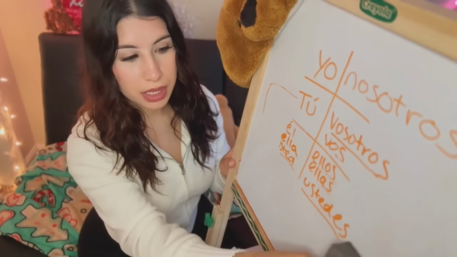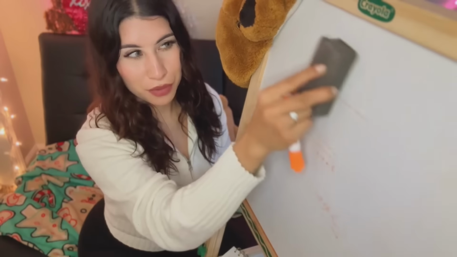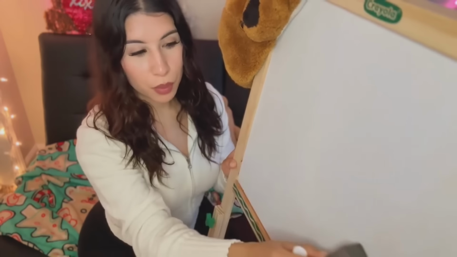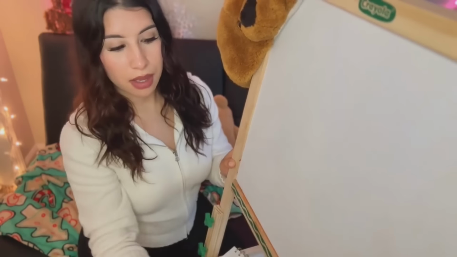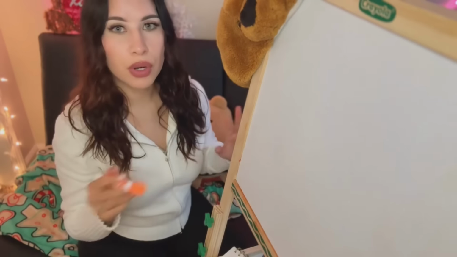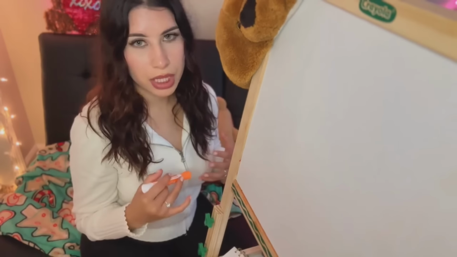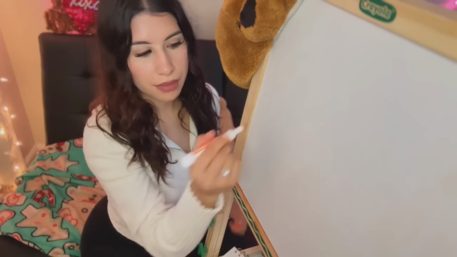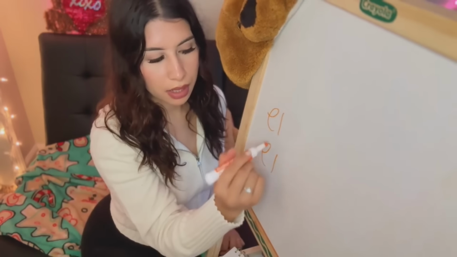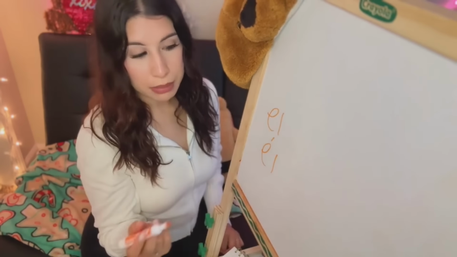Obviously, when you're speaking, it's not as noticeable if you forget that there's an accent, but when you are writing something, it can change a word completely from what you meant to say, because it could really change the meaning of it. If I have el and él, they mean different things.